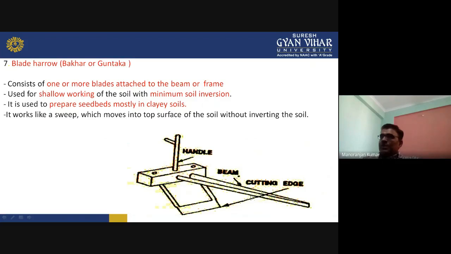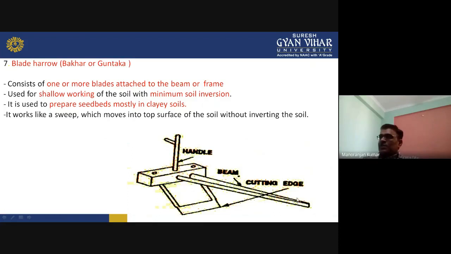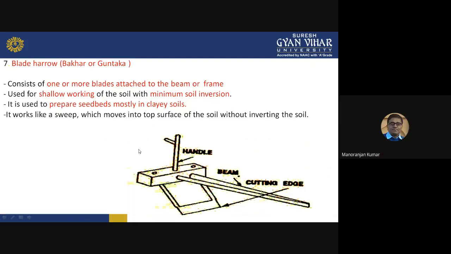This beam is used for pulling the implement by animal power or mechanical power. And this is the handle, which is held by the operator operating the implement in the field, and here this is the blade.